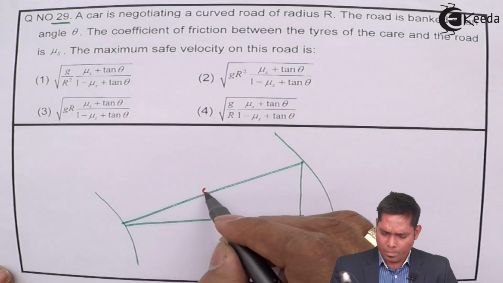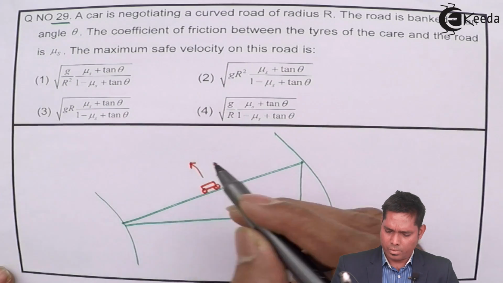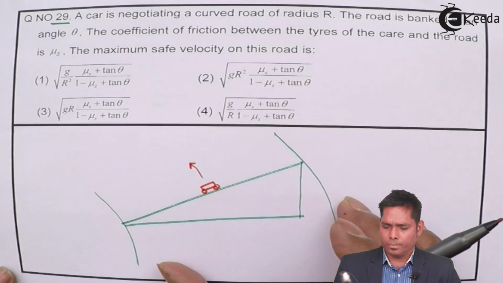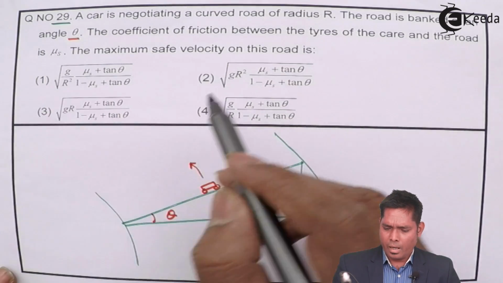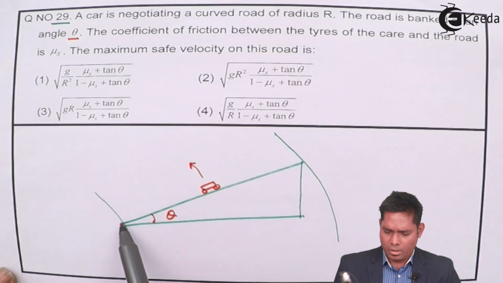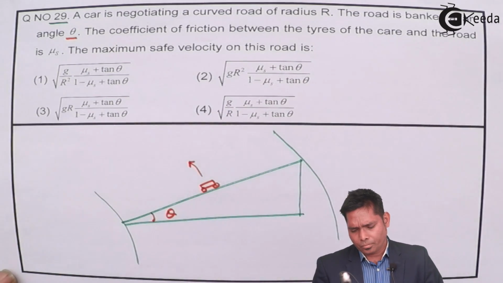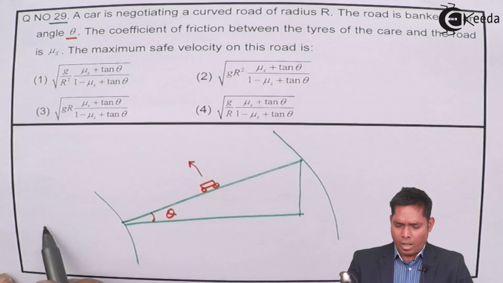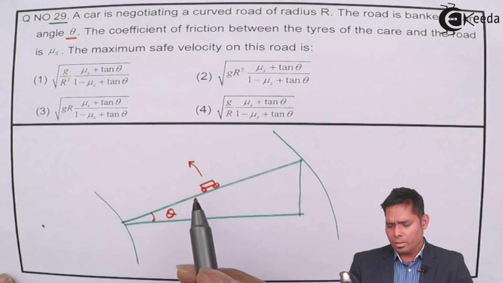Suppose this is a car which is negotiating this curved banked road. This angle is theta, which is given, and the radius of this curvature is r. R is the radius of curvature.